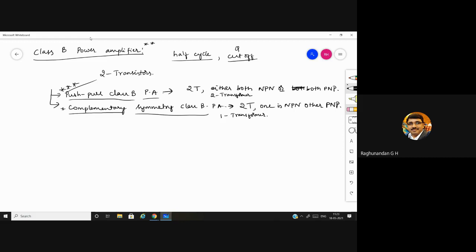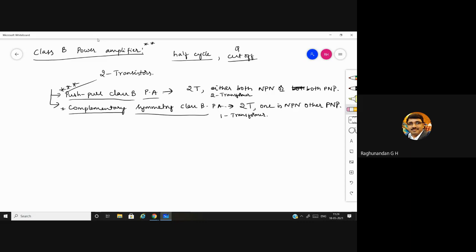This is the basic knowledge which you should have. In exam, working of class B power amplifier, derive the efficiency for class B power amplifier. This is the usually asked question for 8 to 10 marks. So this is very important. As I told for second harmonic distortion, similar to that, this is one more frequently asked question. And classification, that is also usually asked.